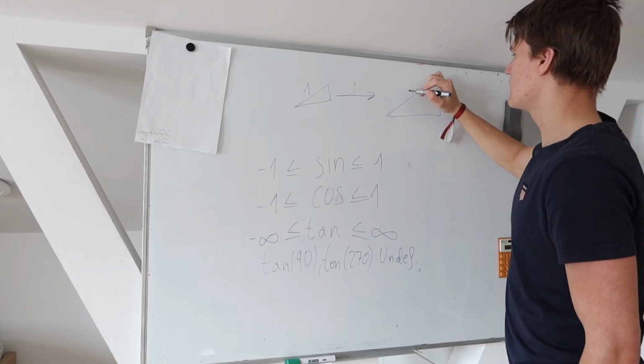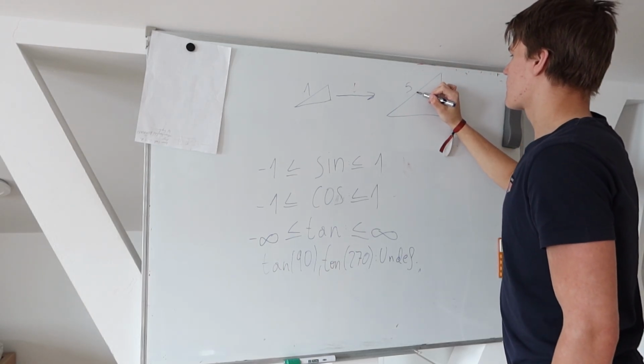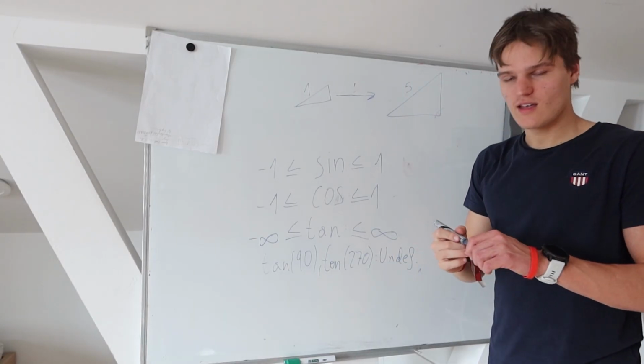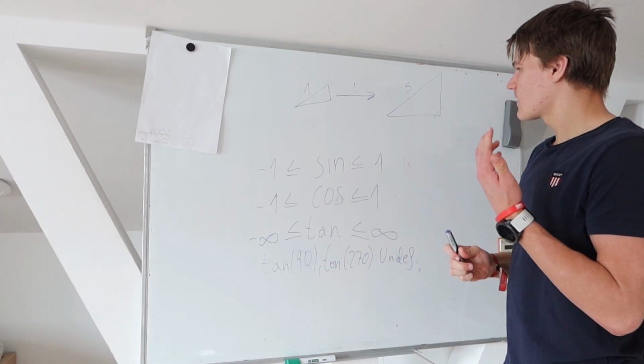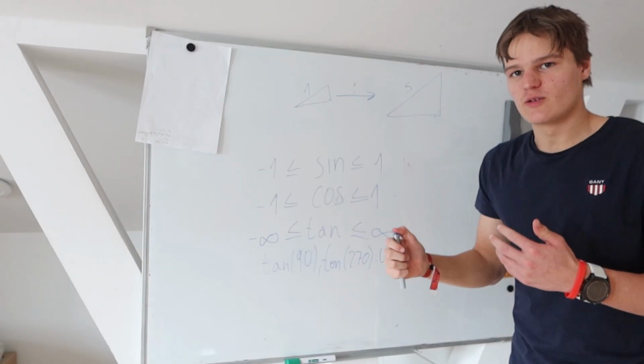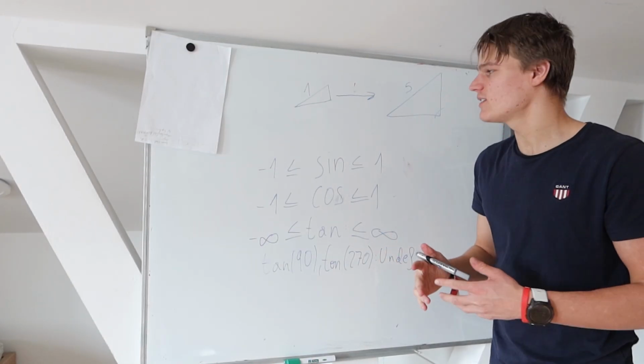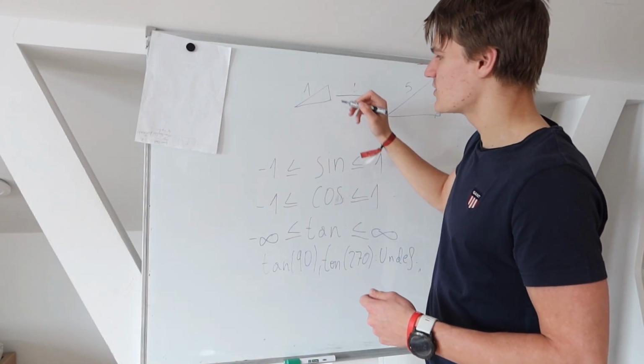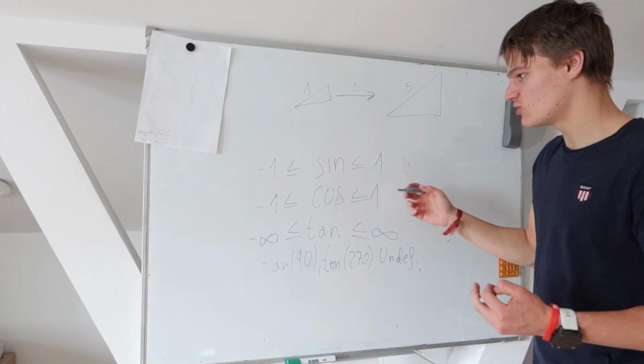So let's just put 5 here. And so this is all that we did. We made the triangle bigger, right? But these values still don't change. You have sine, cosine, and that also shows when you do the calculations.